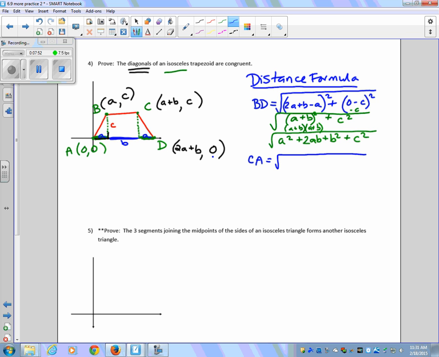So CA, again, we subtract the x's. So we get A plus B minus 0, squared, plus C minus 0, squared. And again, we have A plus B squared plus C squared. Now, we probably could have left it in that form and been able to compare and know that they were going to be the same.